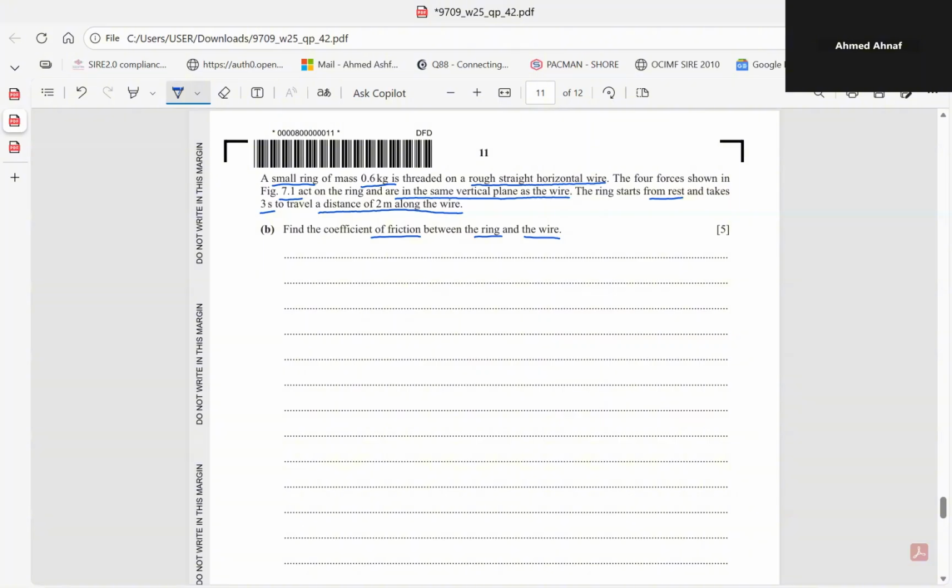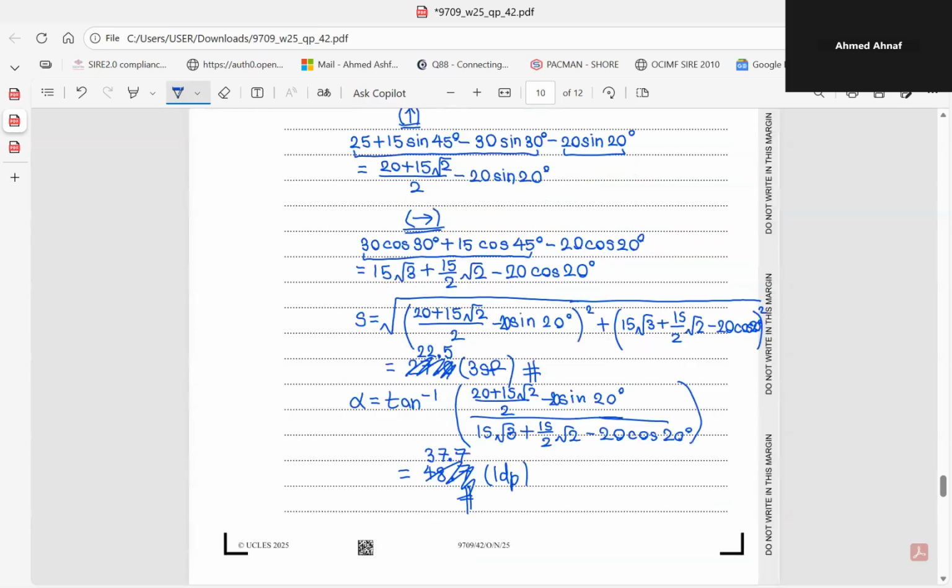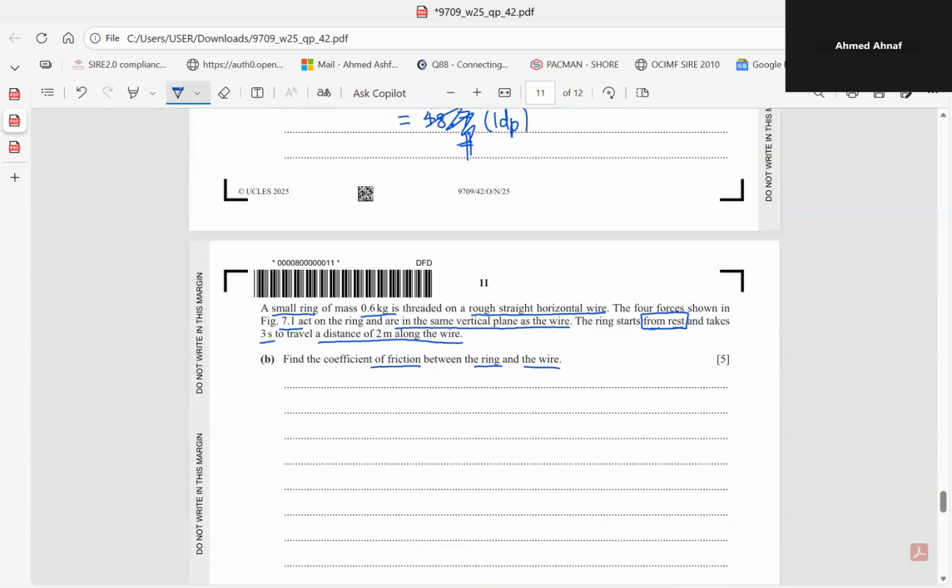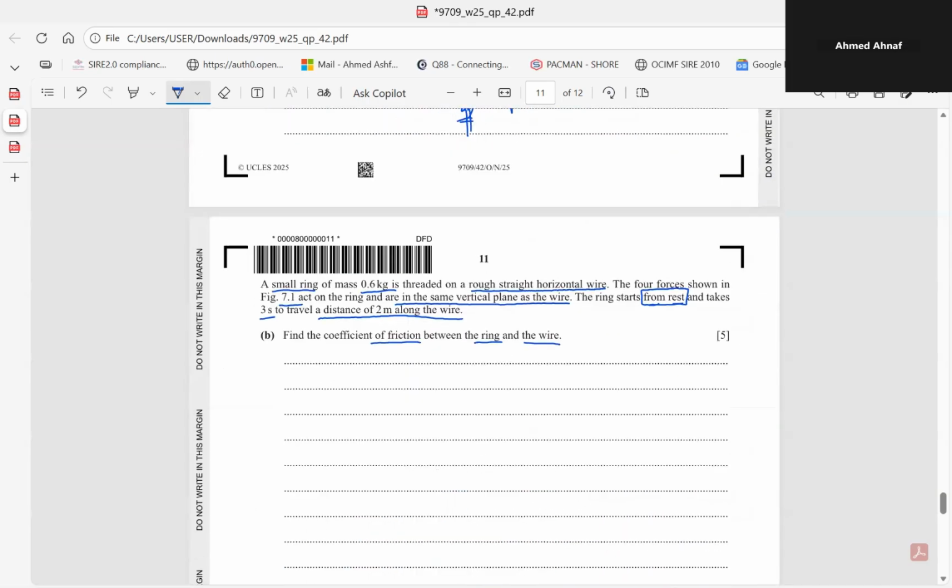Okay, so from here we can take the acceleration that's acting. So we have u and s and t.